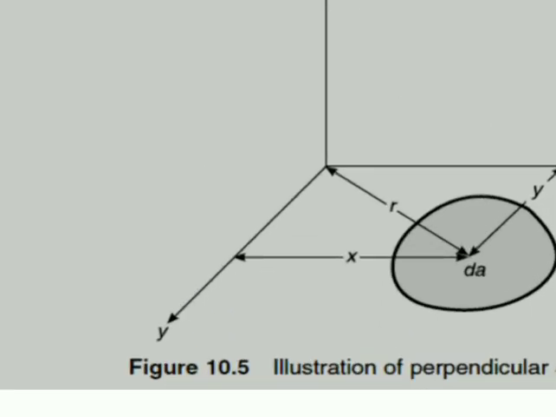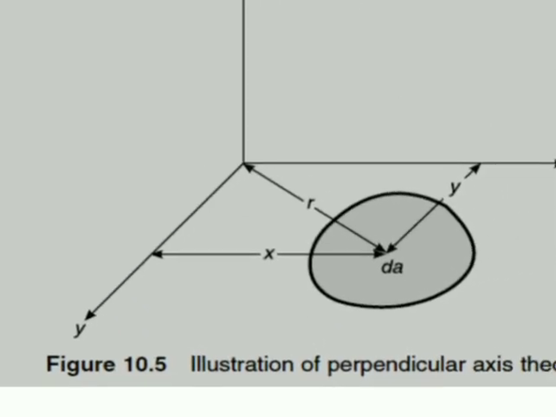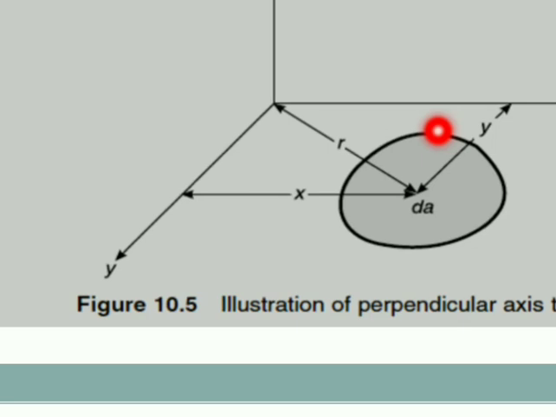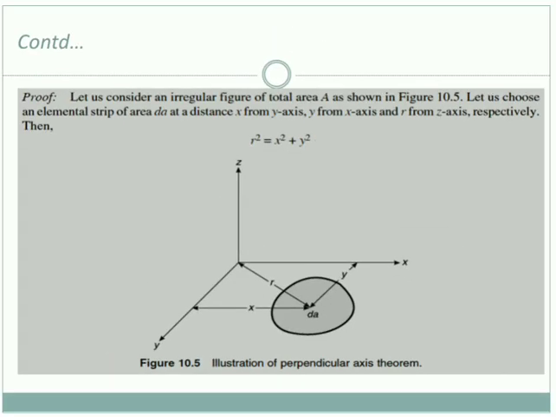We are not taking a strip here, we are taking a small elemental area of dA, and this area is at distance y from x axis, distance x from y axis, and distance r from z axis, which is your vertical axis.